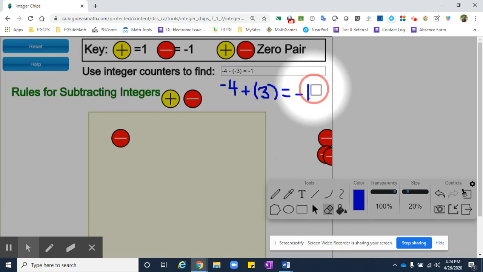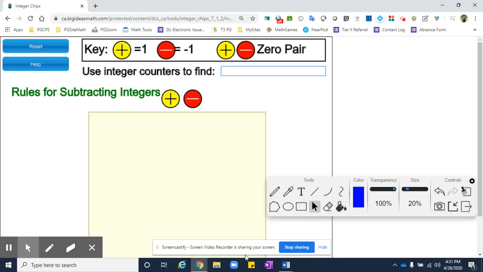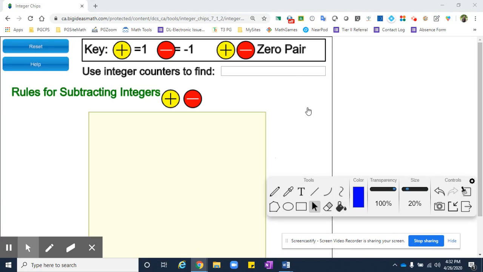So let's erase this one and let's have the last problem. Let's reset this. Okay, for our last problem, let's try 4 minus -3. So 4 minus -3 means 4 yellow chips, 1, 2, 3, 4, and then take away 3 red chips, or 3 negatives.